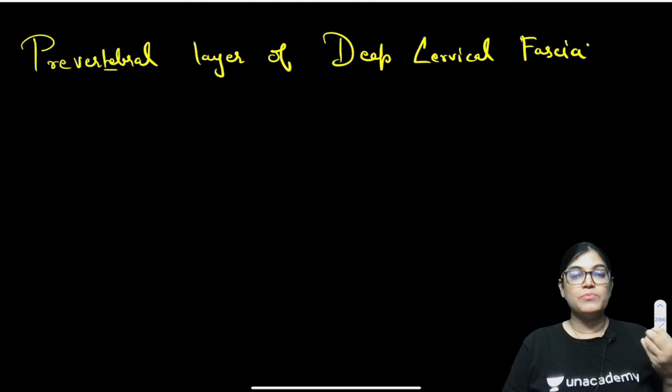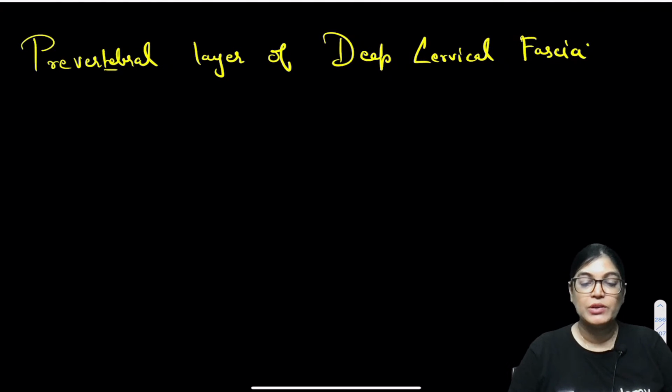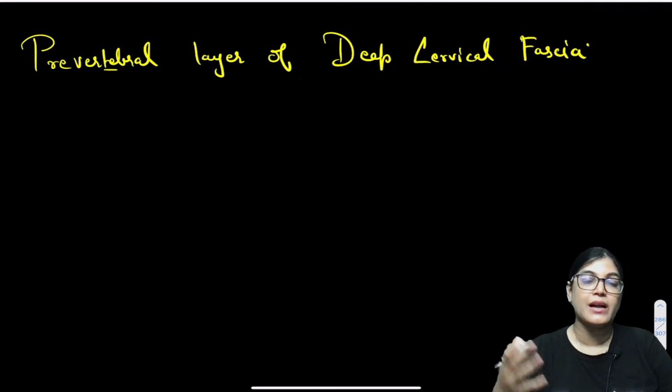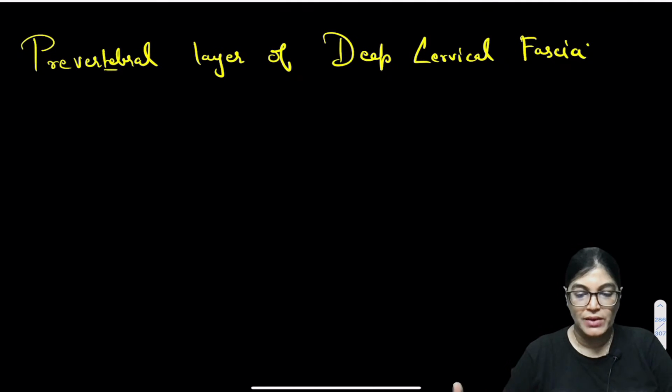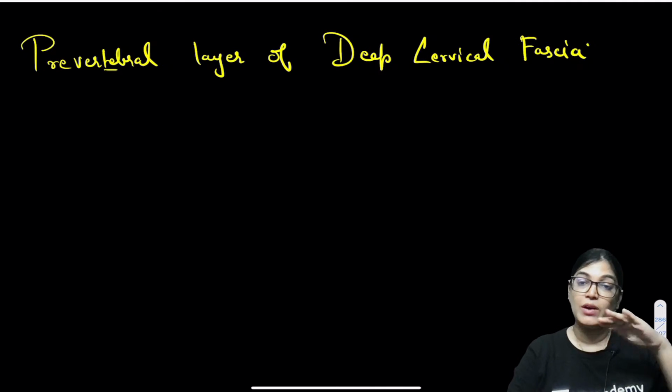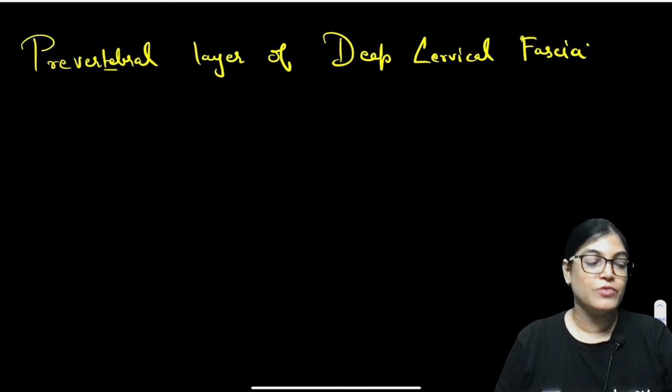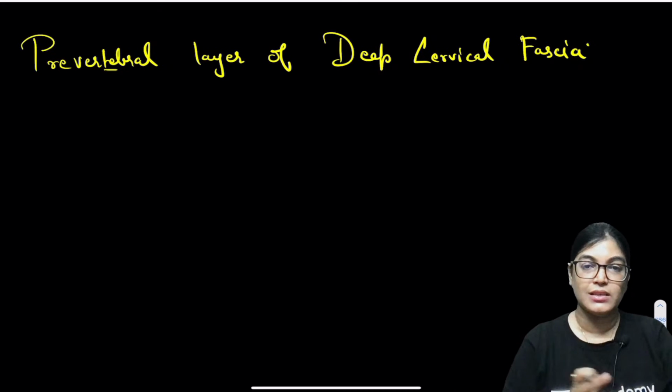It is important to know that the roots of brachial plexus or the cervical plexus lie deep to prevertebral layer, and as the trunks of brachial plexus and subclavian vessels emerge, mainly the subclavian artery emerging in between the scalenus group of muscle, it is covered by a layer of prevertebral layer which forms axillary sheath when it reaches the axilla.